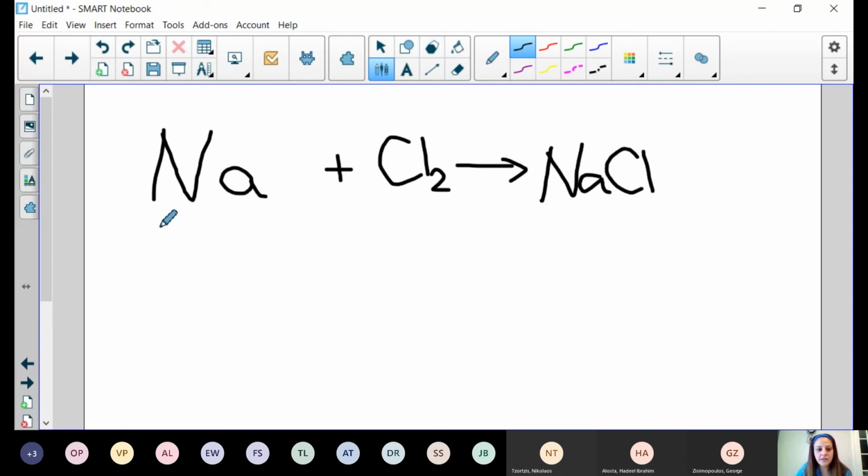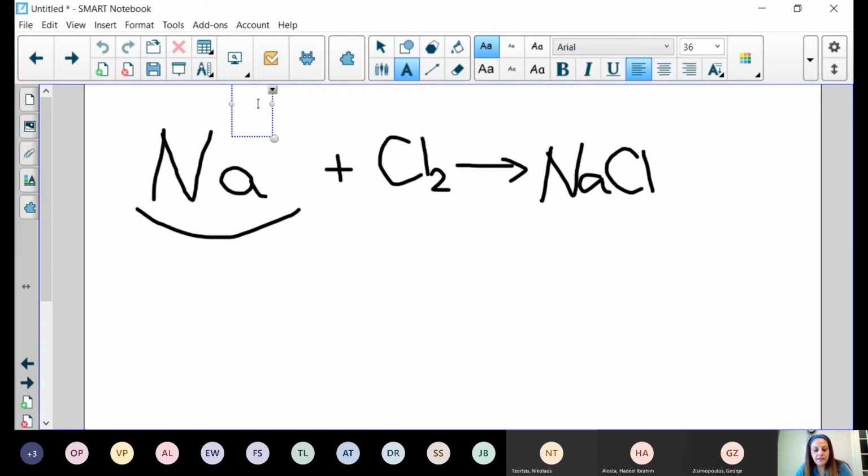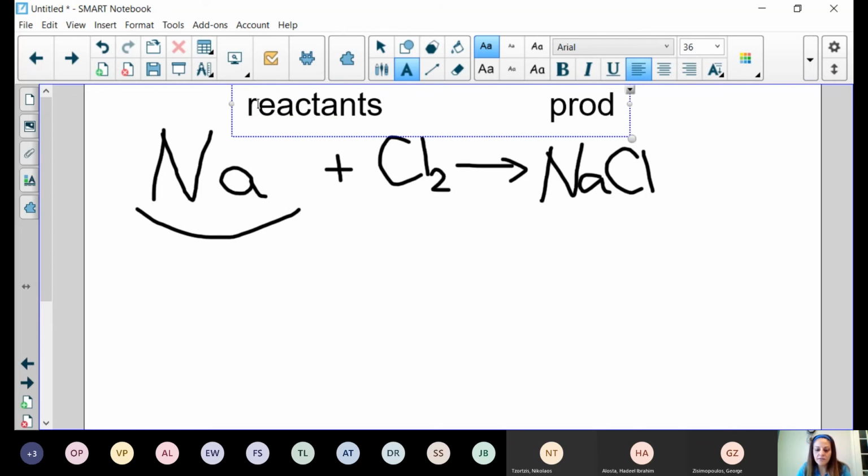So if we take a look, how many sodiums do I have? And just a reminder that on this side, these are all the reactants. And on this side, these are all the products. Okay, so on this side, how many sodiums do I have, everybody? Just 1, right?